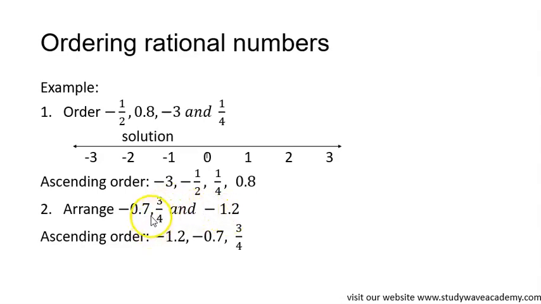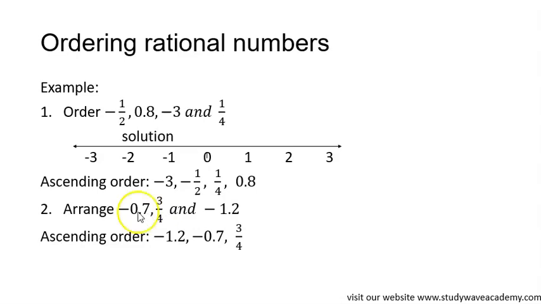To convert 3 over 4 to decimal, you use the long division method. You are going to have 0.75. This is a negative, this is a positive, this is a negative.